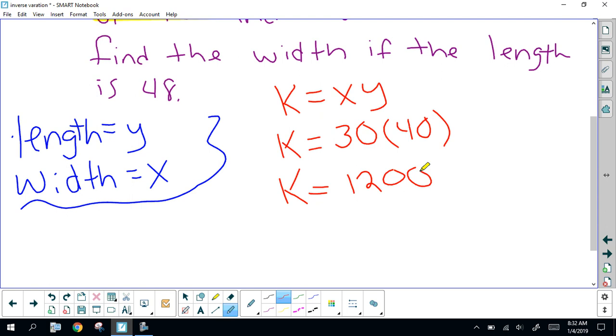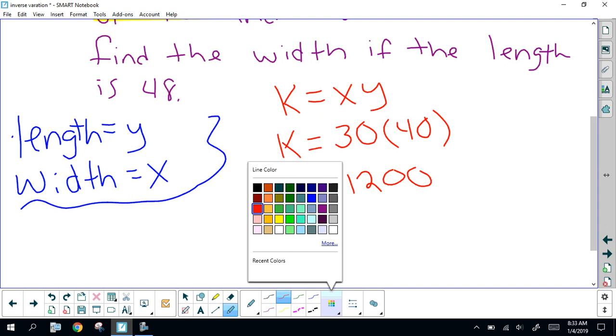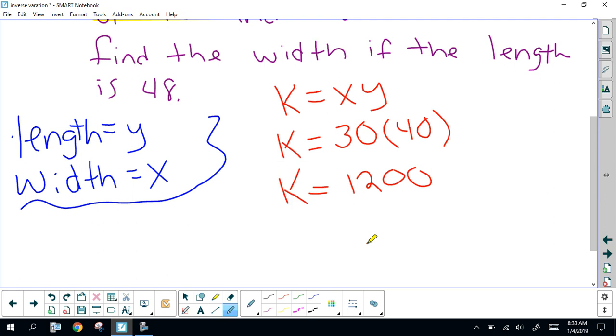Once I find k, I then need to find the other item they're asking for. So we've got k.